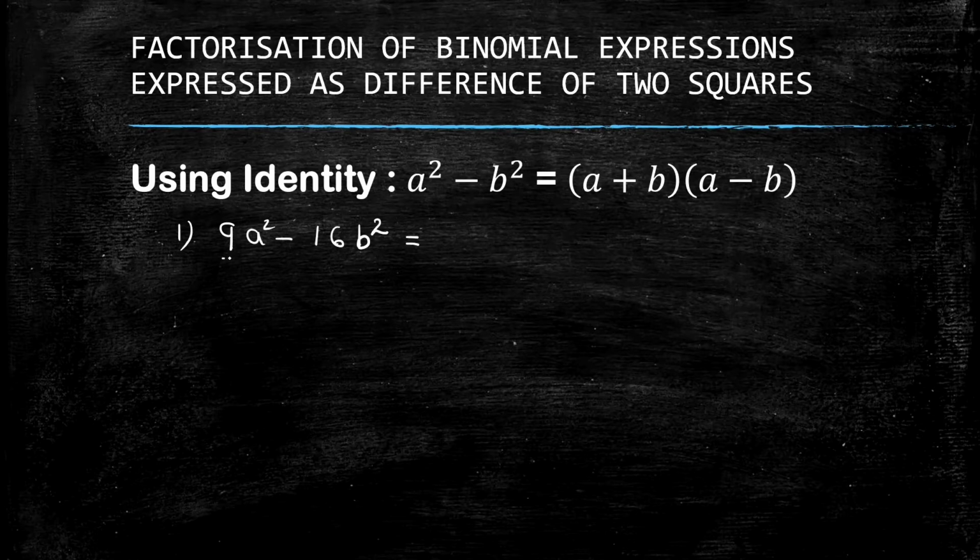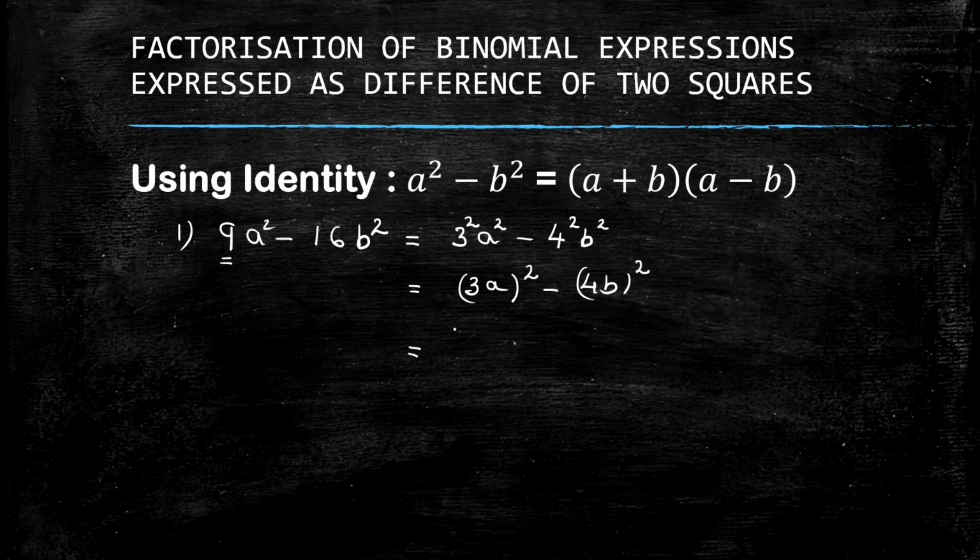The number 9 is square of 3, so I can write it as 3 square and we already have a square here, which becomes 3a the whole square. Similarly, 16 can be written as 4 square into b square, which becomes 4b the whole square.